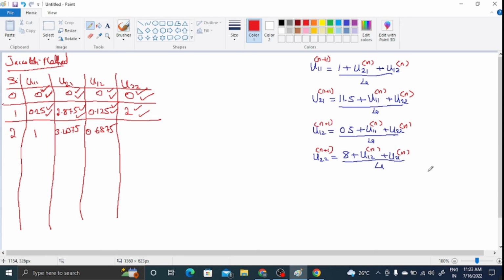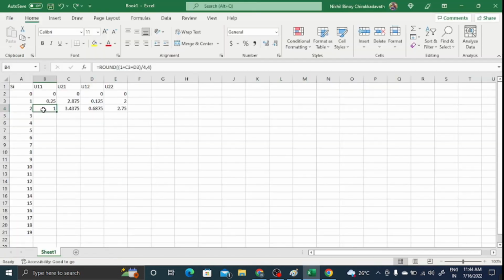So this is 2.75. Okay, so the second iteration is over. Do one thing, all of you, please complete this. The second iteration is U11 equal to 1, U21 equal to 3.4375, U12 equal to 0.6875, then U22 equal to 2.75.